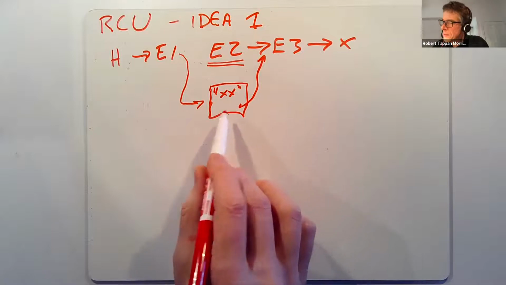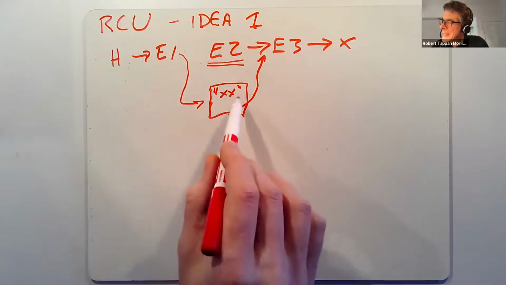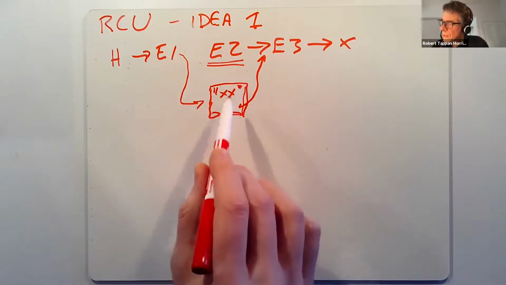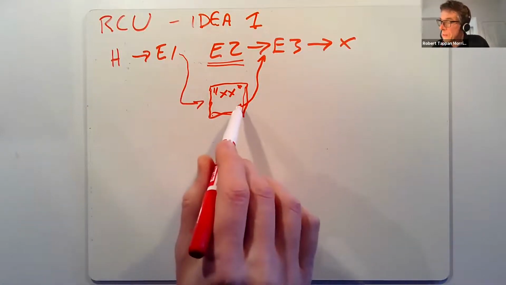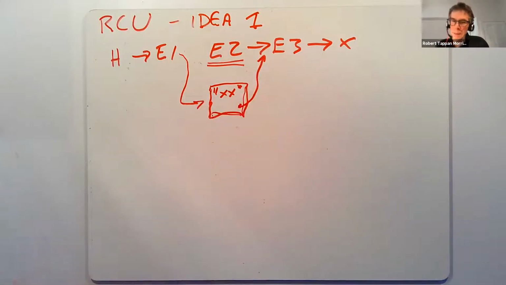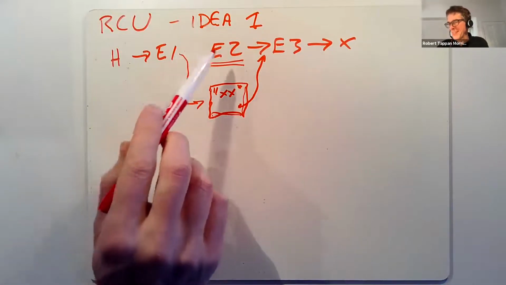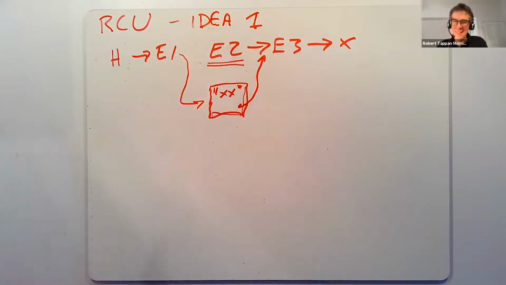And either way, since the writer fully initialized this list element before setting E1's next pointer, the reader's going to see a correct next pointer that points to E3. So the point is the reader will never see content that's in the process of being modified.